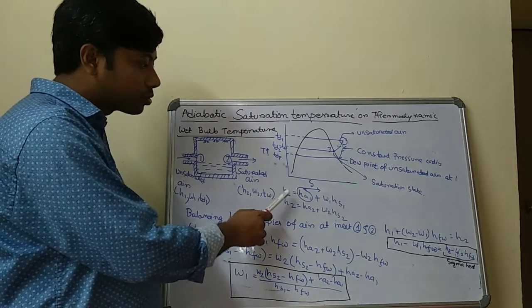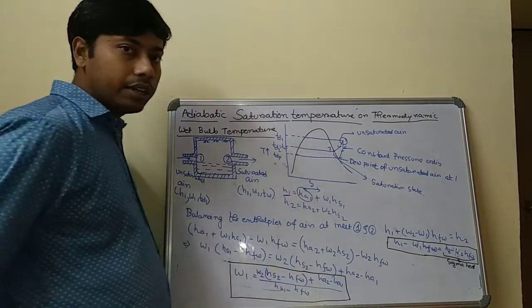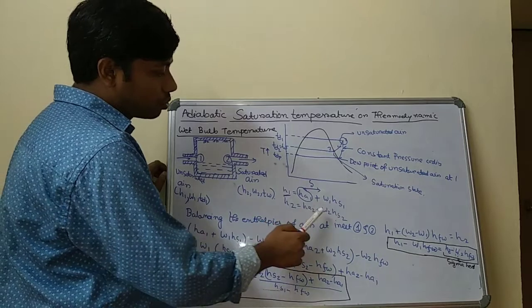Similarly you can write H2 is equal to HA2 plus W2 into HS2. So as you know, H1 is equal to this one and H2 is equal to this one.